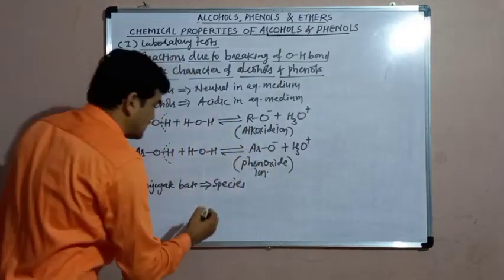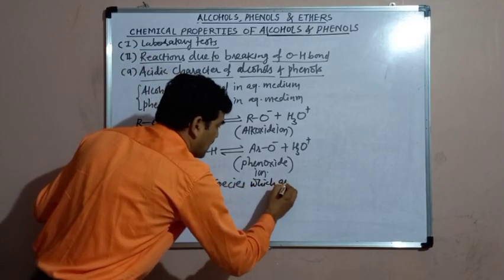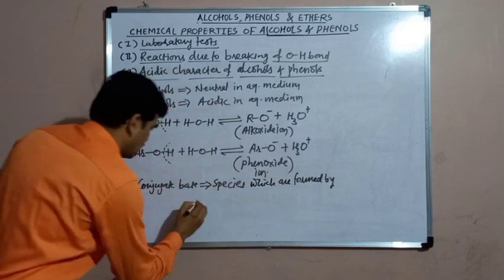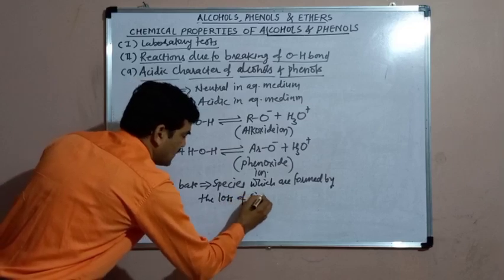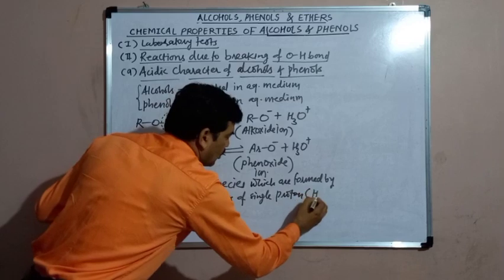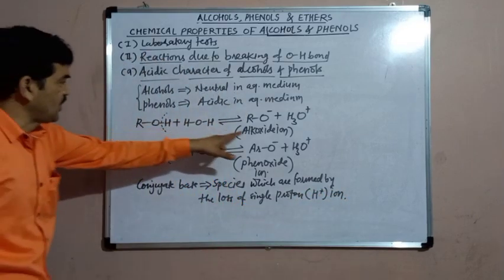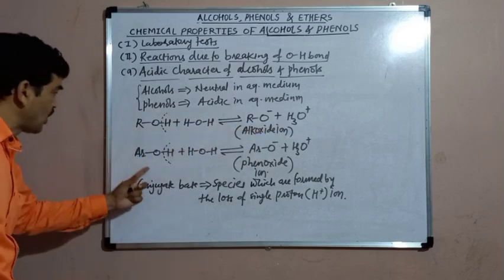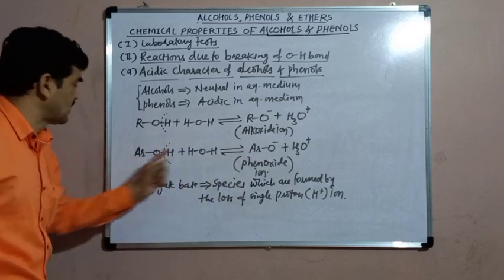These are the species which are formed by the loss of a single proton. Proton means H positive ion. When alcohol loses H positive ion, it is converted to alkoxide ion, which is the conjugate base of alcohol. When phenol loses H positive ion, it gives the phenoxide ion, which is the conjugate base of phenol.